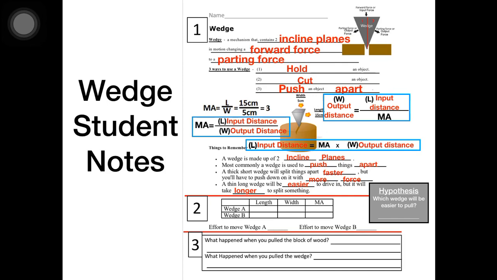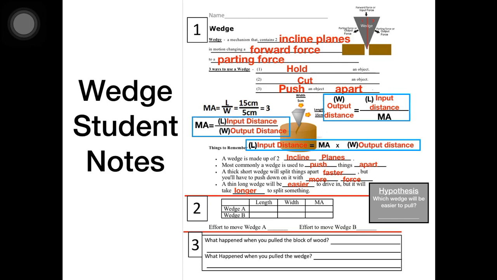All right, the next two sections here are going to be done in your experiment videos, but make sure that you write in your hypothesis of which wedge you think will be easier to part the wood.